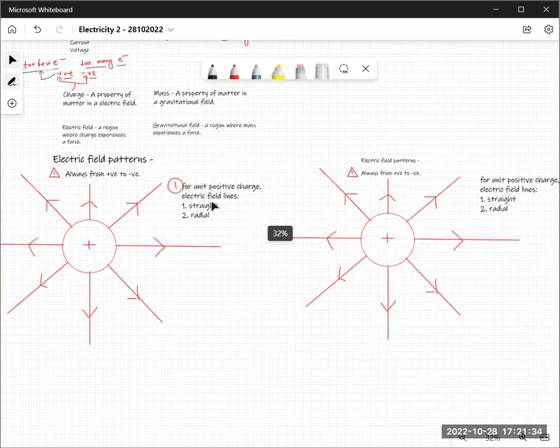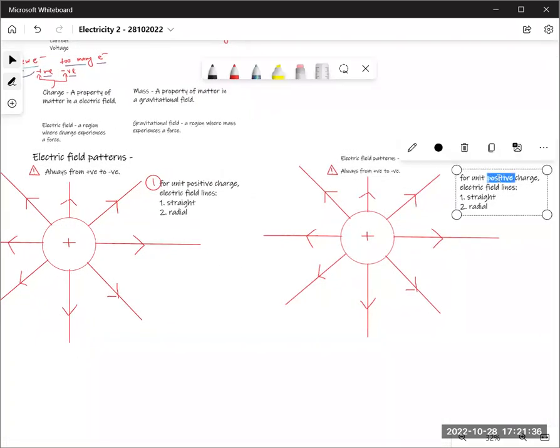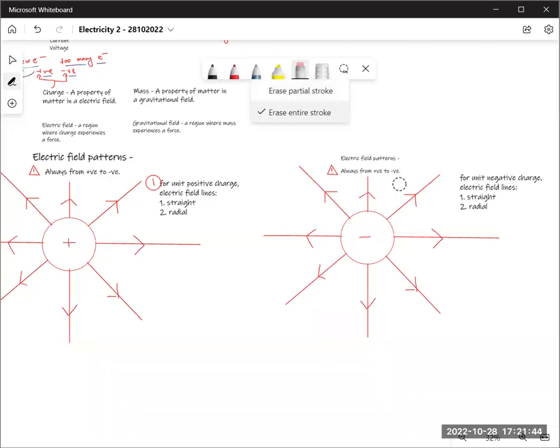Now next, we have unit negative charge. We don't just have positive charge, we have negative charge as well. For negative charge, everything is the same except the direction changes. It's always towards the negative charge. It's not away from negative, it's towards negative.